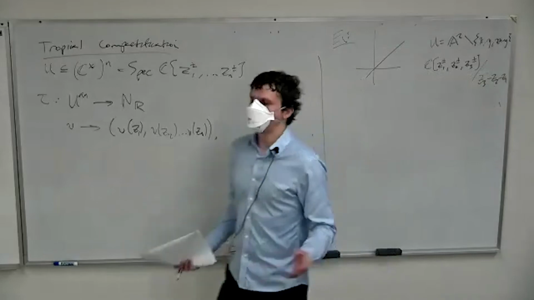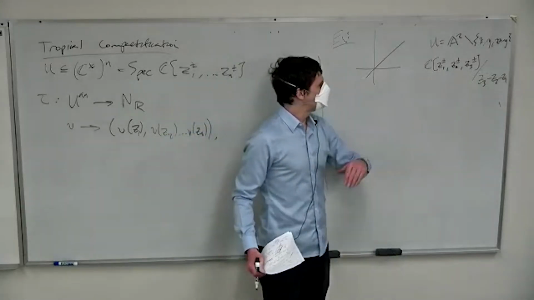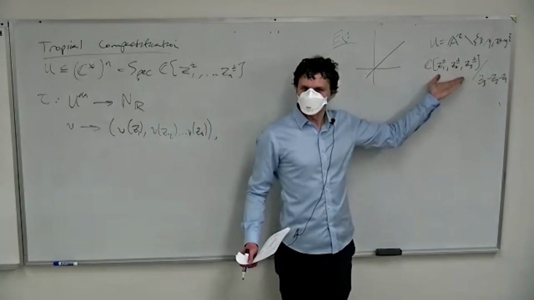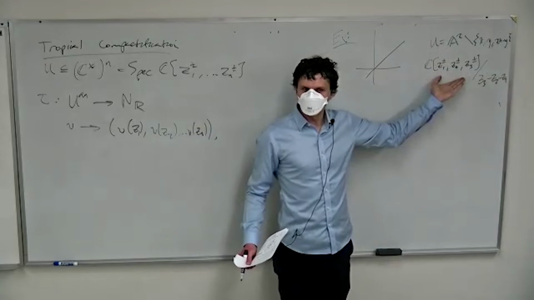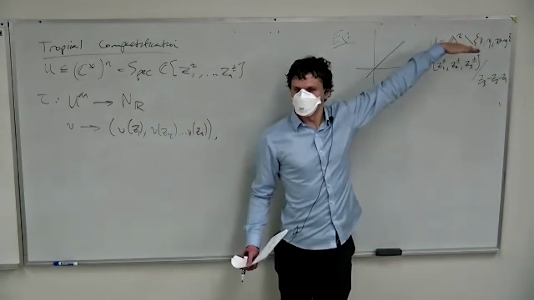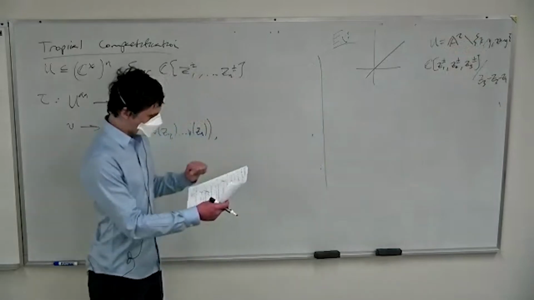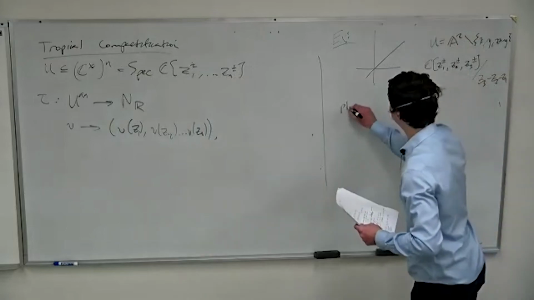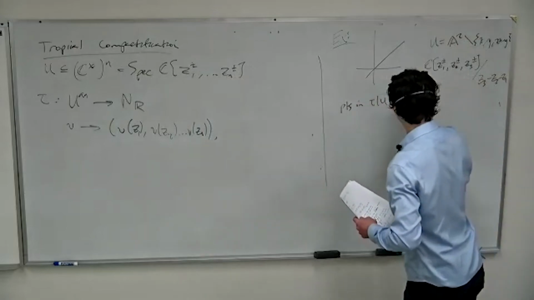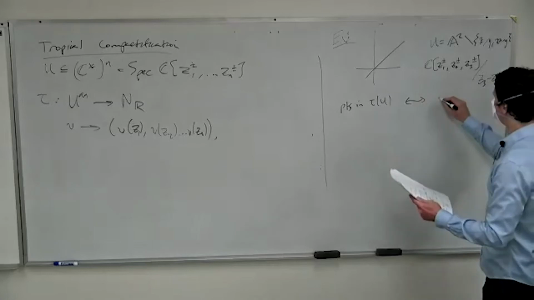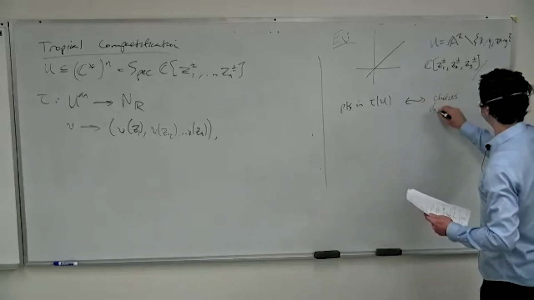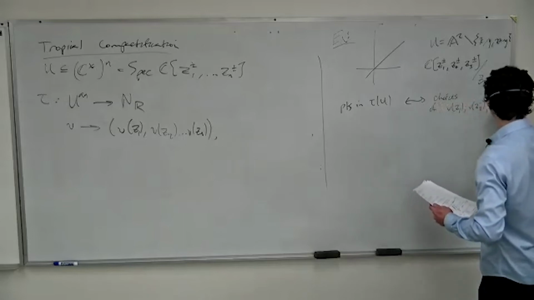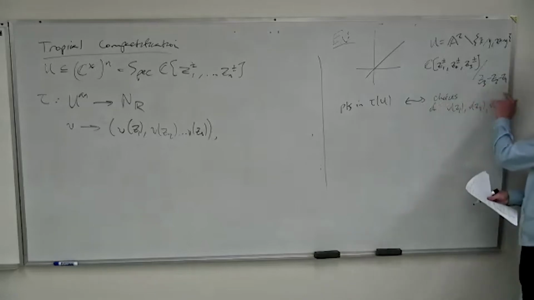Okay, and so if I want to tropicalize this, the tropicalization is actually intrinsic because this U lives canonically inside a torus, because you think about all the units in its coordinate ring. So the idea is that if I want to look at the tropicalization, the points in trop U correspond to choices of V of Z1, V of Z2, and V of Z3, where this is allowed to be 0.